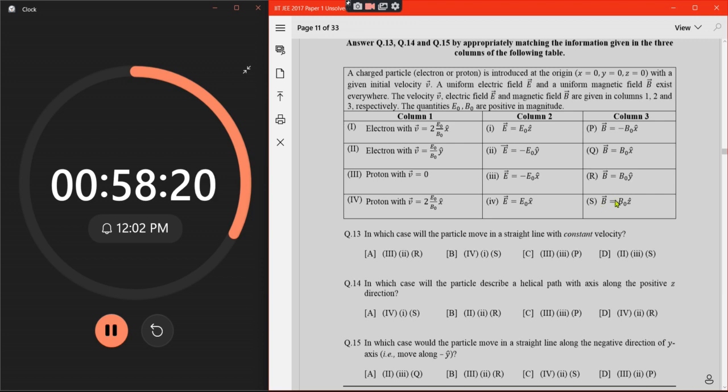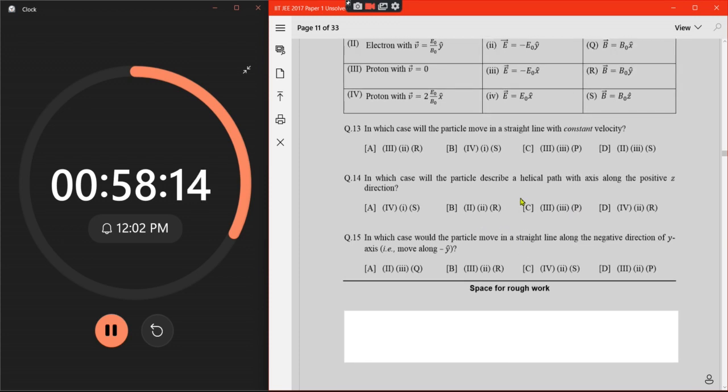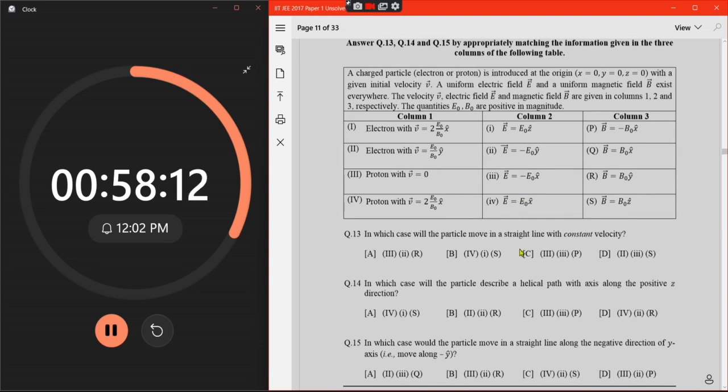Next question. 15. In which case would the particle move in a straight line along the negative direction of y-axis, i.e. along negative y hat? Straight line along the negative direction of y-axis. Wait a second. Straight line, negative y.